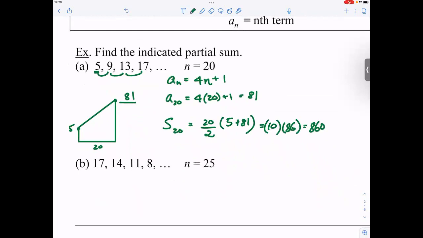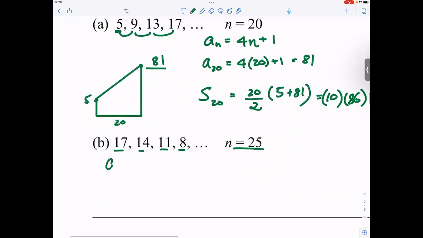You have 17, 14, 11, 8, and we're saying, hey, go ahead, add up the first 25 terms. Well, again, we're not elementary school students. We're not going to write out all 25 terms to find out the 25th term here. So let's find the 25th term through the nth term expression.